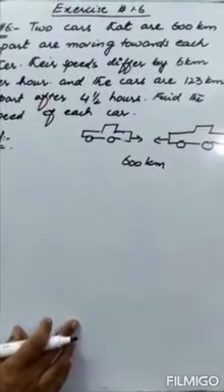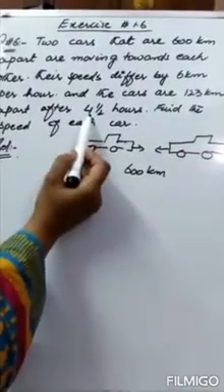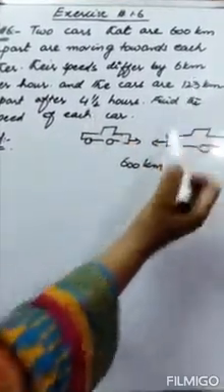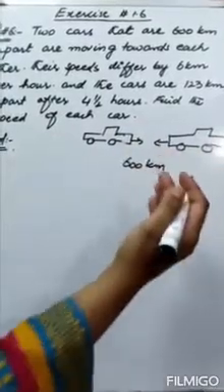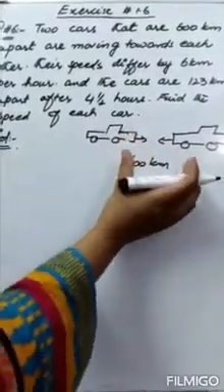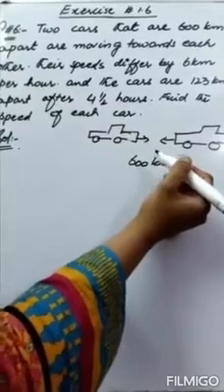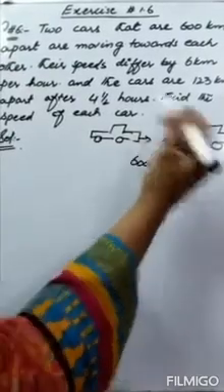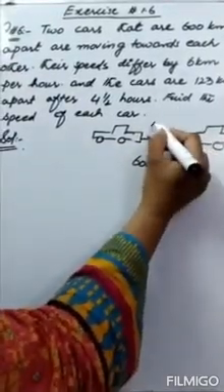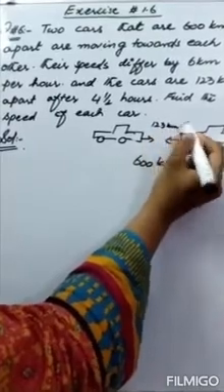But with the passage of time, that is after 4.5 hours, their distance is now 123 km. Obviously, they are moving towards each other, and with the passage of time their distance will decrease. So now their distance after 4.5 hours is 123 km.